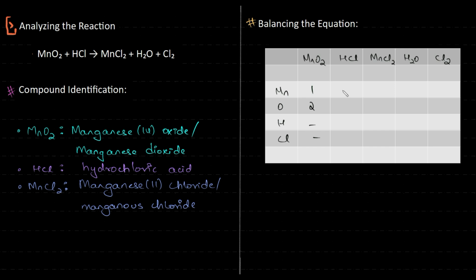Then we have none and none, 1 hydrogen and 1 chlorine. Then we have 1 manganese, none and 2 chlorine. Oxygen is 1 over here, hydrogen is 2 and none and 2. So let me explain what I did.